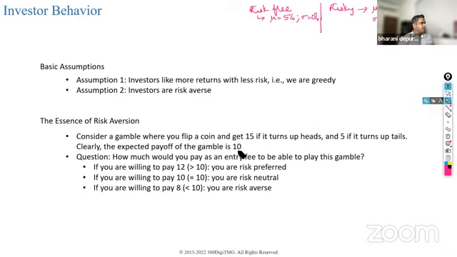Then, if you say that, do you know what? I'm willing to play this game by paying $10 as entrance amount. If you pay $10 as entrance amount, because you know that on an average you get $10, if you're paying $10, that is called as you being risk neutral.